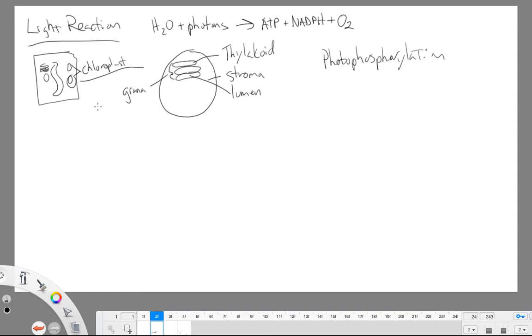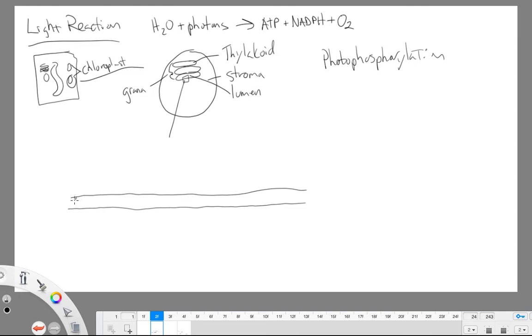This process of the light reaction is going to take place at the thylakoid membrane. So again, right here, here's our thylakoid. Here's its membrane right here. We are going to zoom in again. And so we will have a membrane that looks like this. So we're zoomed in. Here's the membrane. And in fact, this is a lipid bilayer.